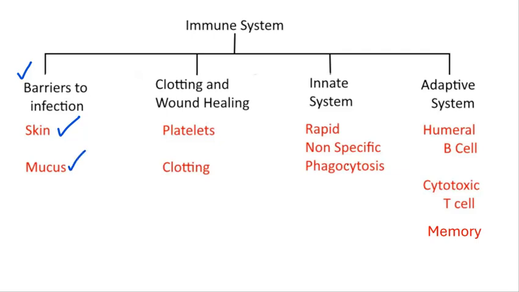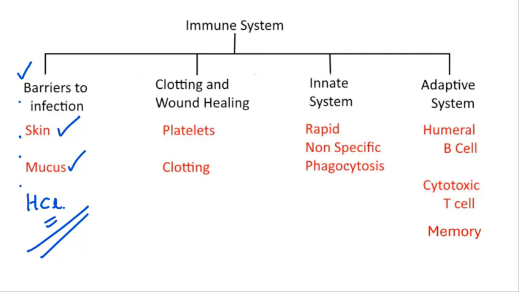Mucus, which is in our mouth and our tracheal system, traps microorganisms as well. You'll be familiar with mucus in the lining of the trachea of the respiratory system. But of course, you'll remember that on swallowing, any trapped microorganisms go down into our stomach, where they would actually encounter hydrochloric acid. So that's another example of a barrier to infection.